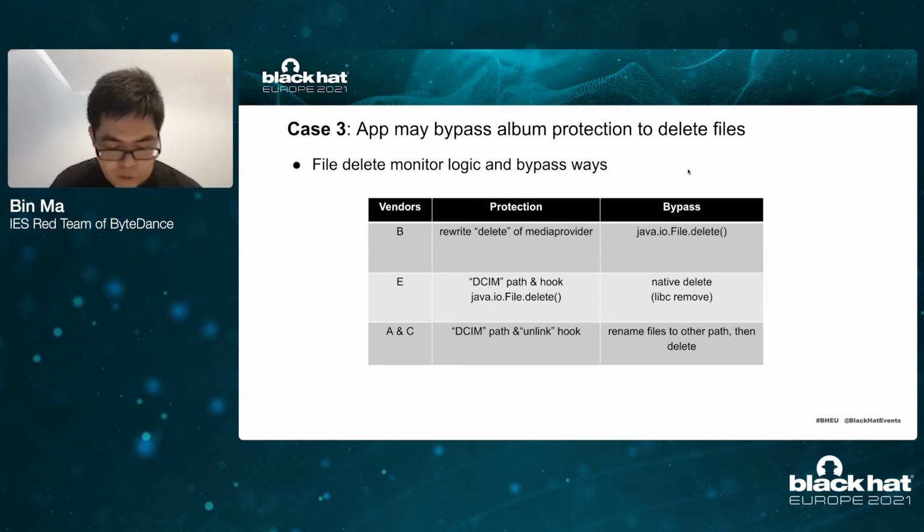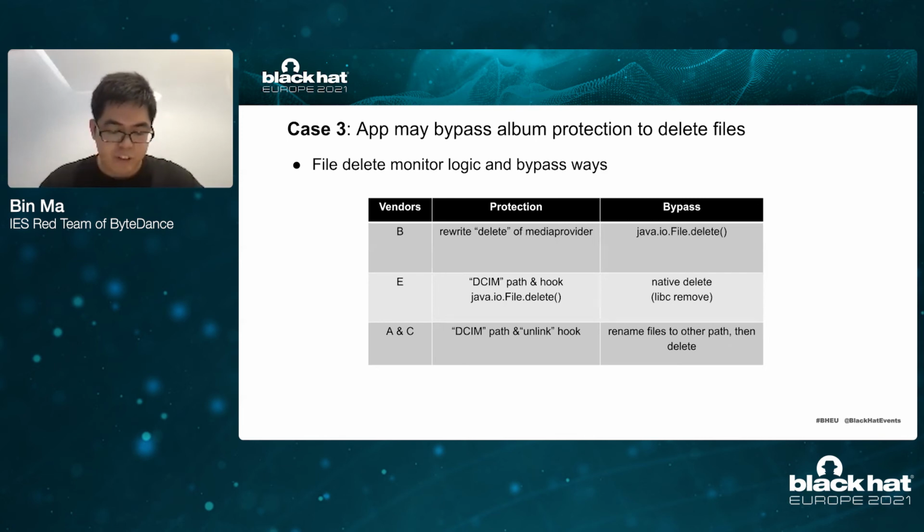However, vendors take different ways to protect albums. For example, vendor B rewrites the delete function of the media provider. But a malicious app can delete files with other APIs, for example, java.io.File.delete.